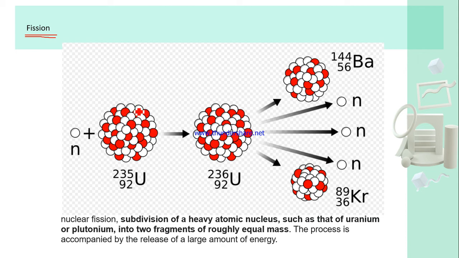Okay, so when the nucleus of uranium-235 is bombarded with a thermal neutron of high kinetic energy, then this neutron is absorbed by uranium-235 and another unstable nucleus, uranium-236, is formed and immediately splits into barium and krypton, which also release 3 neutrons.